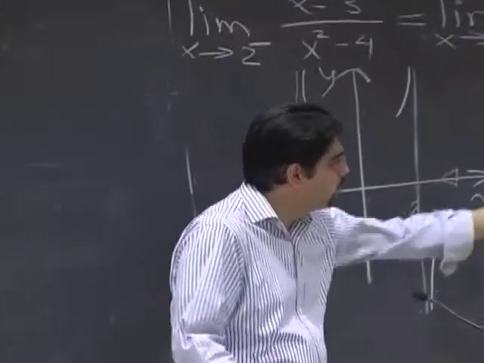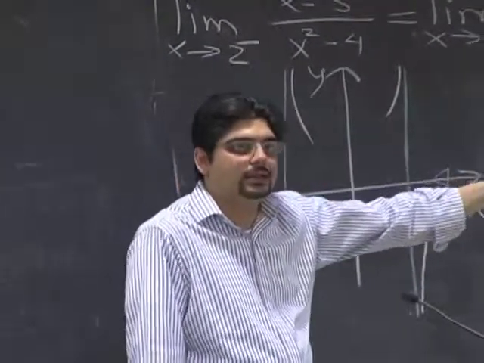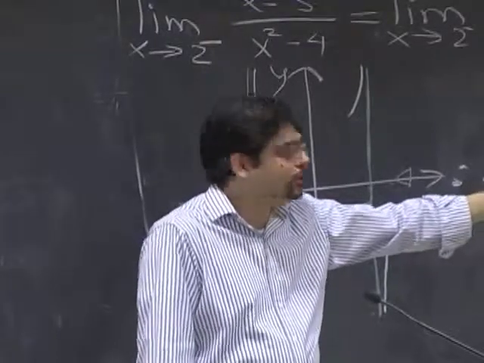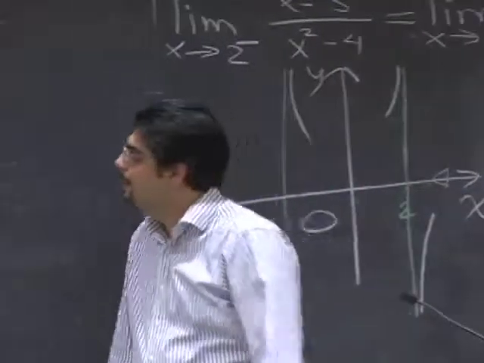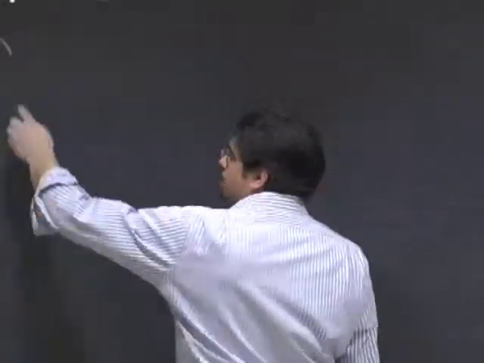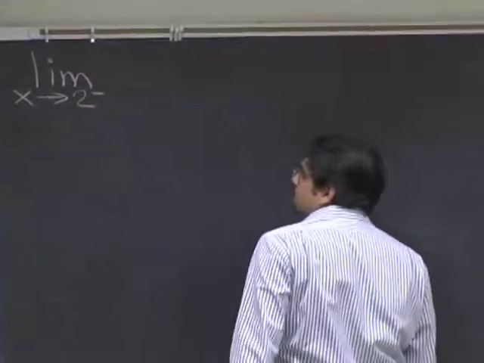So this probably has a vertical asymptote at x equals 2, right? We can't just say that. We have to compute this limit.